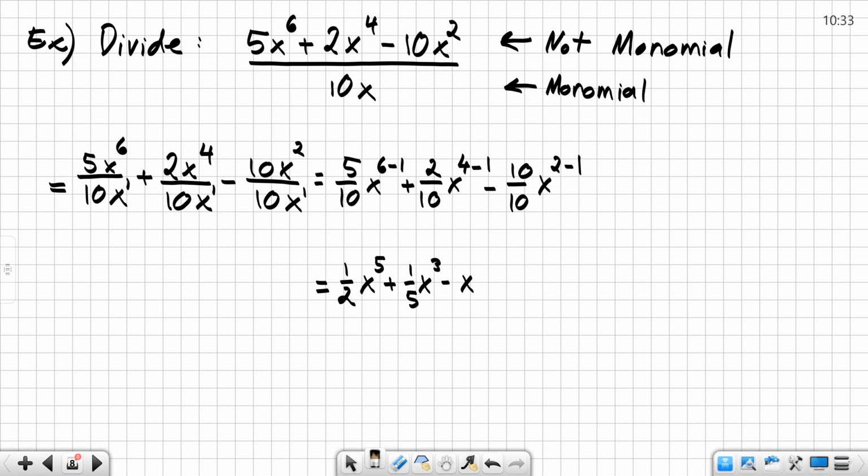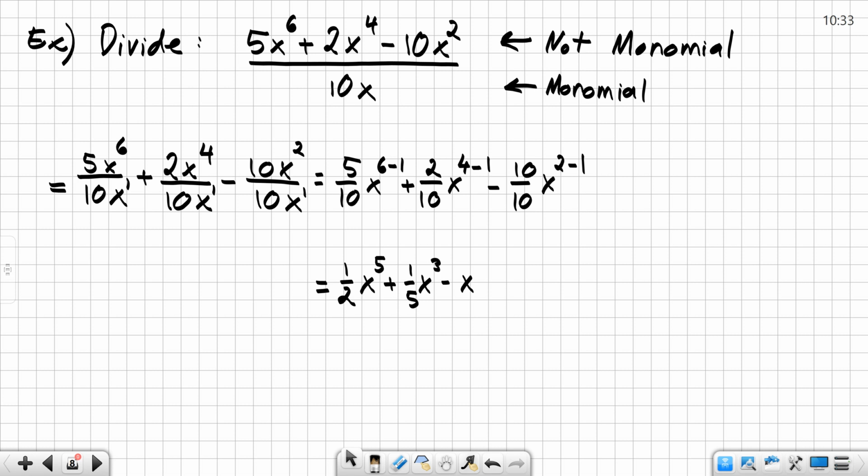And 2 minus 1 is 1 as well, so that exponent we do not need to write either. So this part right here turns into negative x. Again, 10 divided by 10 is 1, and 2 minus 1 is 1 as well.